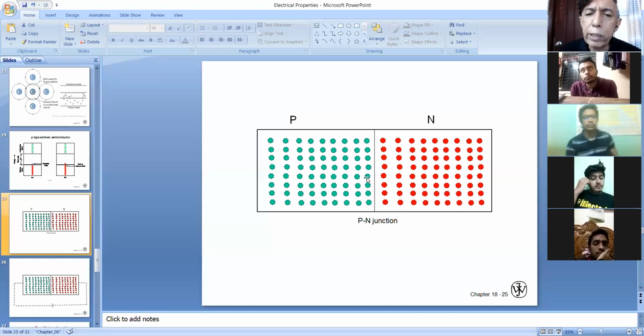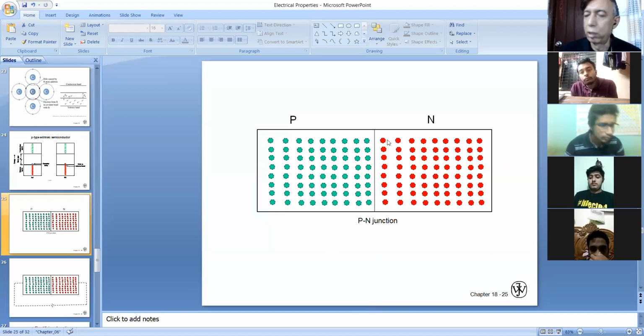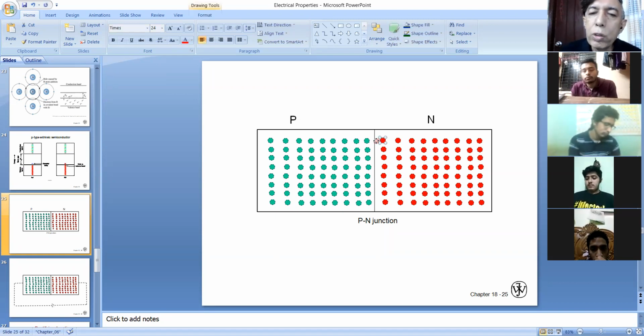Now, if we connect this, what will happen? These are the free electrons. These are negatively charged, as because these are the free electrons. And these are the holes. These are positively charged. So holes will attract the electrons. These holes will attract these electrons.